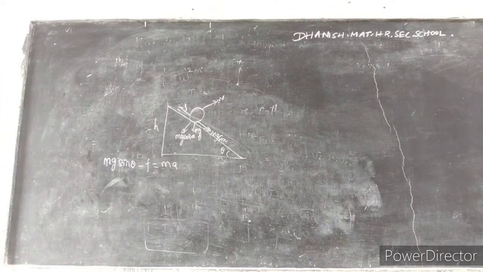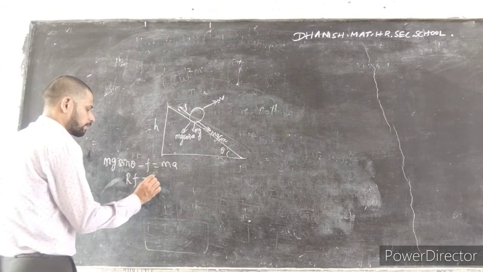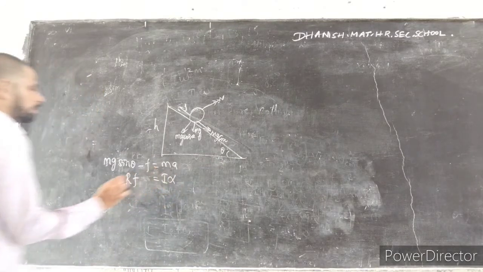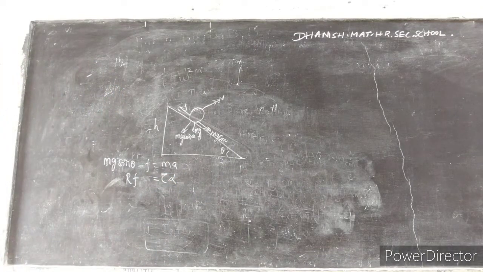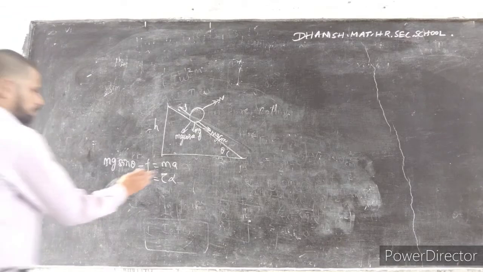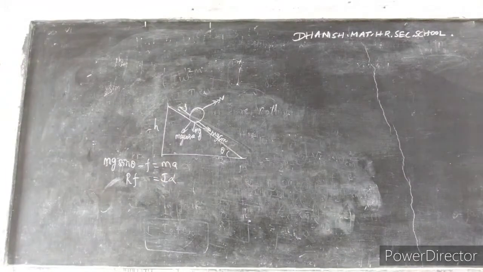Now the relation between the friction force and the torque: the torque due to the friction force, R f, will be equal to I alpha, where I is the moment of inertia.